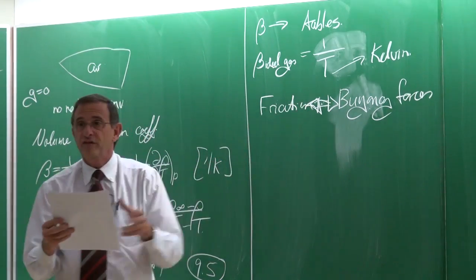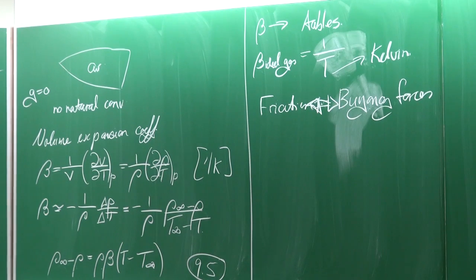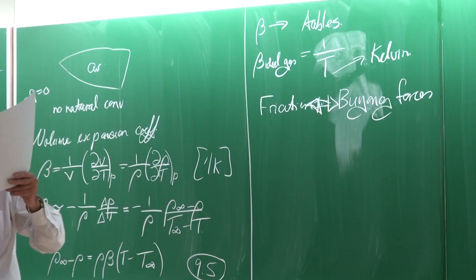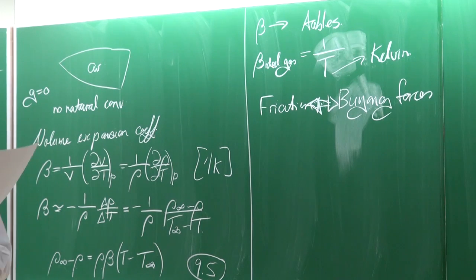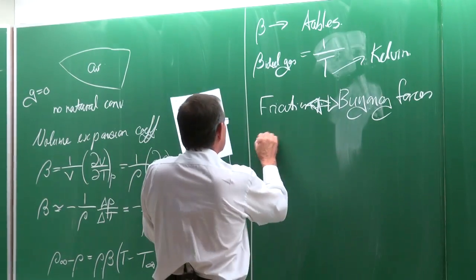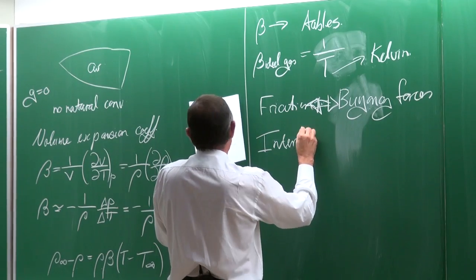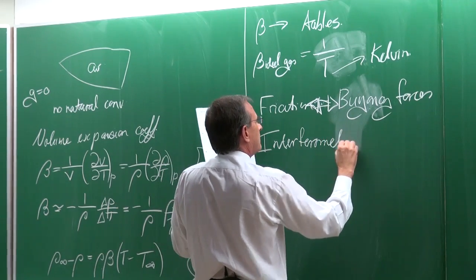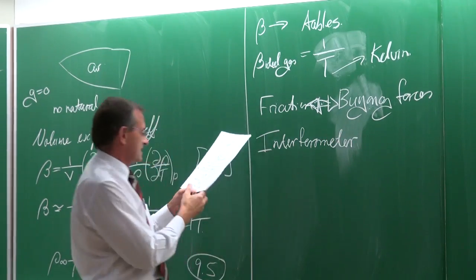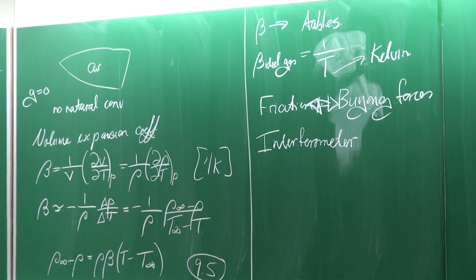Now, there is instrumentation available that you can use to measure or determine the flow fields around bodies with natural convection. The instrumentation is called an interferometer. What it does is give you plots of isotherms.